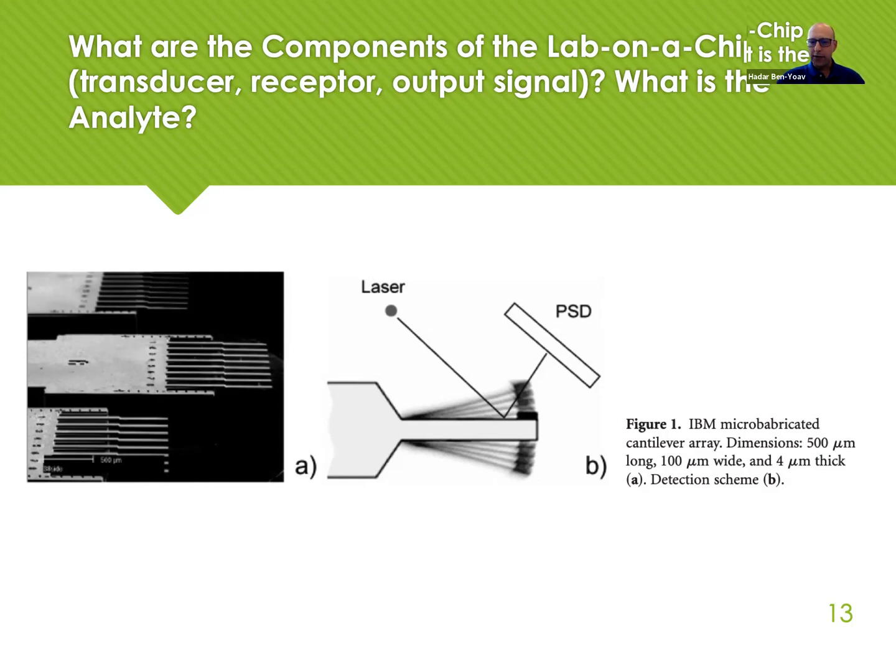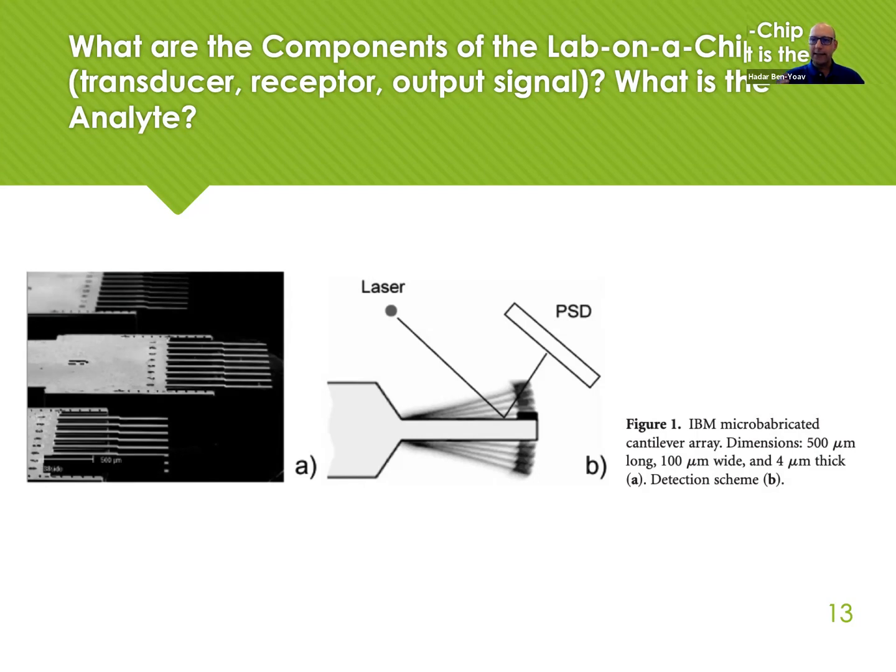What it measures is the point of the laser. When the cantilever is in a different location, it will affect the point, so the point will move. This is how it measures the maximum frequency that the cantilever can get.